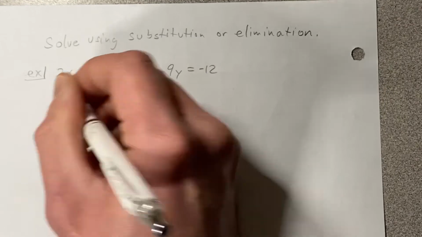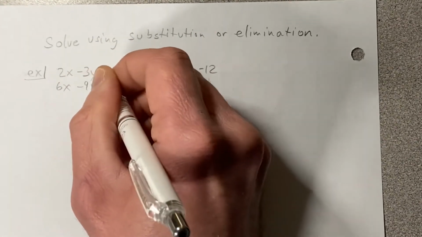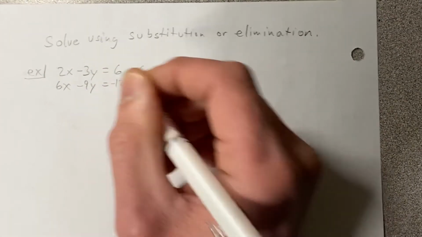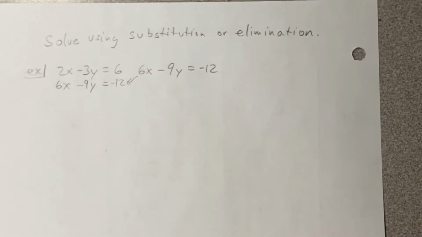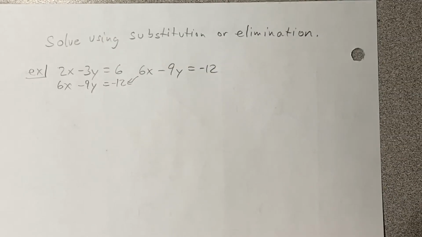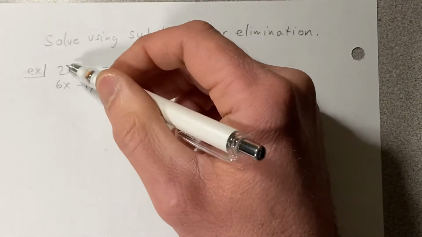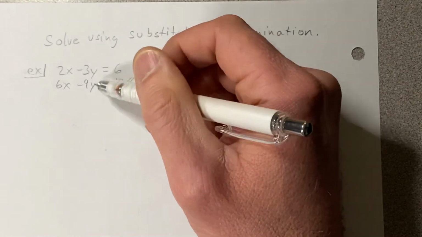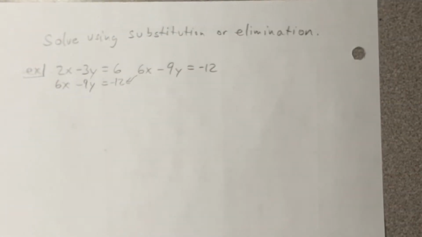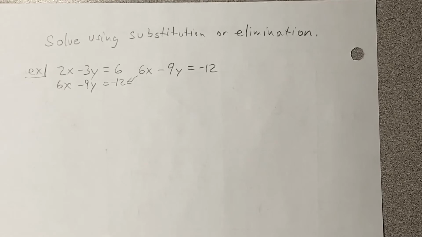I'm going to put 6x minus 9y equals negative 12, stack it. Also, I should mention, some people also call elimination linear combinations. The goal with elimination is you want to add or subtract these equations together so that one of the variables goes away, allowing you to solve for the other variable.